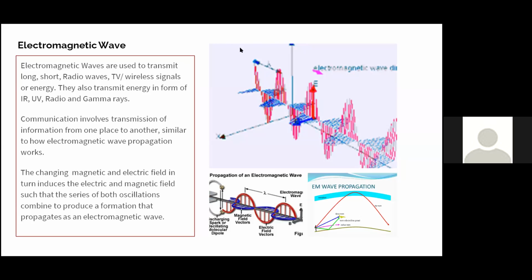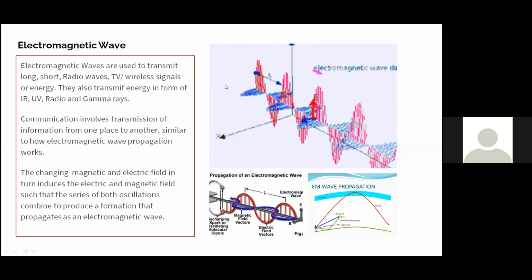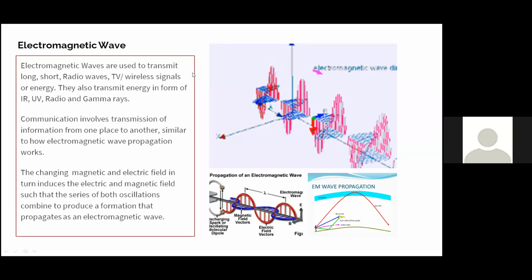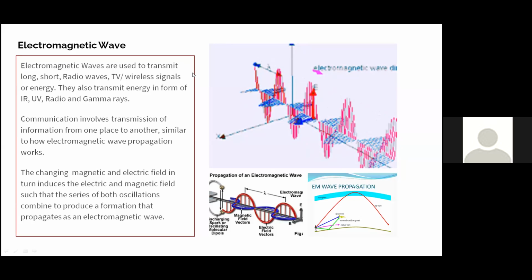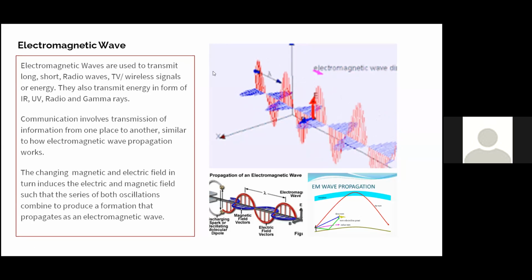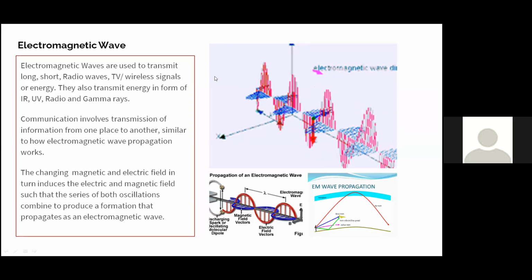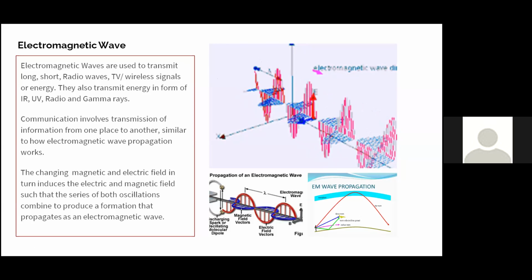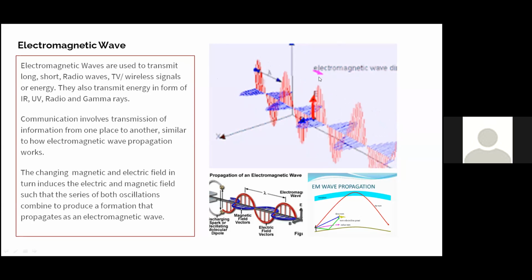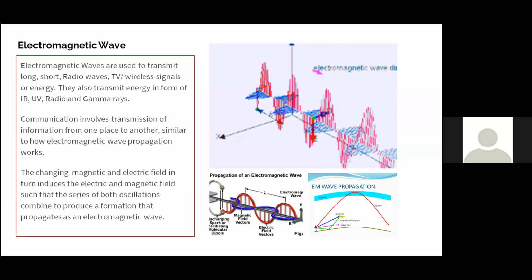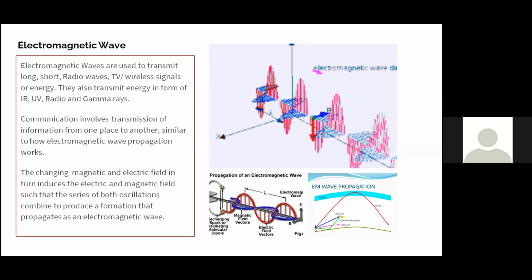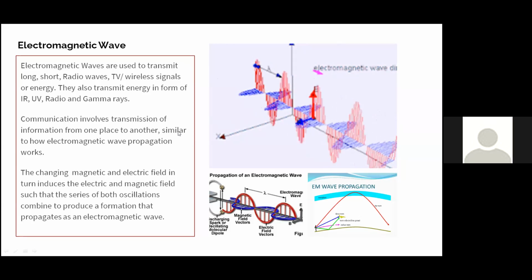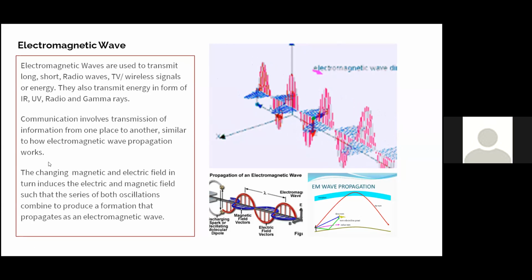So let me give you a brief about how electromagnetic waves are propagated. Electromagnetic waves can be generated by a variety of methods, such as discharging a spark or by an oscillating molecular dipole. Visible light is a commonly studied form of electromagnetic radiation and exhibits oscillating electric and magnetic fields whose amplitudes and directions are represented by vectors that undulate in phase as sinusoidal waves in mutually perpendicular or orthogonal planes.